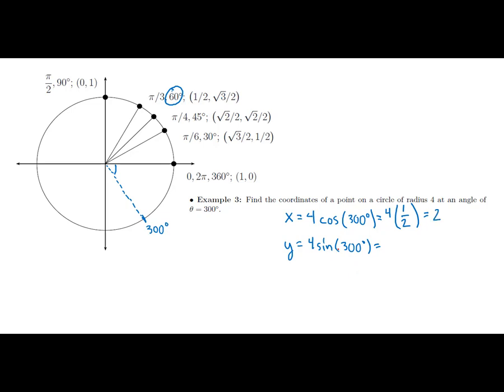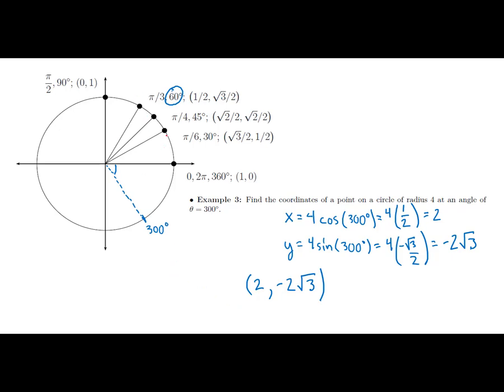The sine of 60 degrees is the square root of 3 over 2. But the y value is the opposite of the y value for 60 degrees. So I'm going to put negative square root of 3 over 2, so I get negative 2 root 3. So now I know that my point is 2, negative 2 square root of 3.